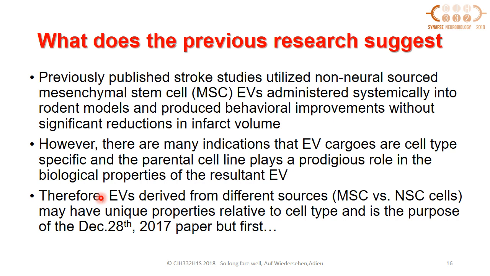Doesn't make a lot of sense. It's like telling someone that if you go to U of T undergrad, you're more likely to get into U of T meds than someone who doesn't go to U of T. And we know that that doesn't happen, right? Because there's a bit of a disconnect there. So we know that these mesenchymal stem cells, even though they're not part of the normal lineage, actually perform better than the neuronal stem cells.